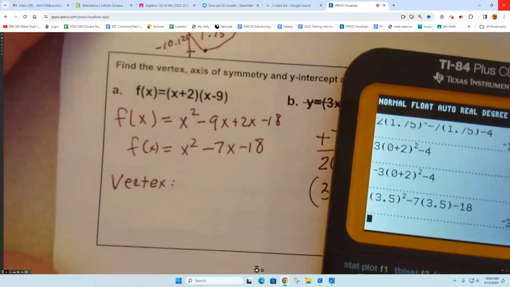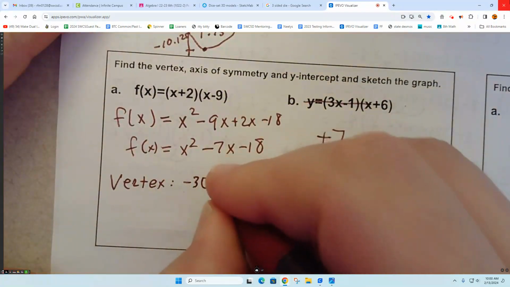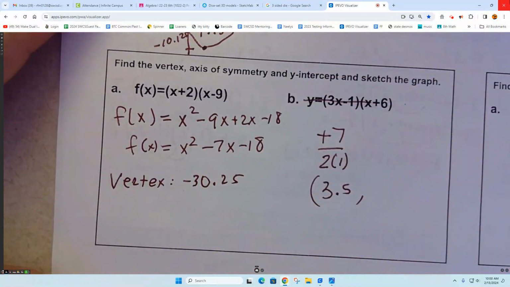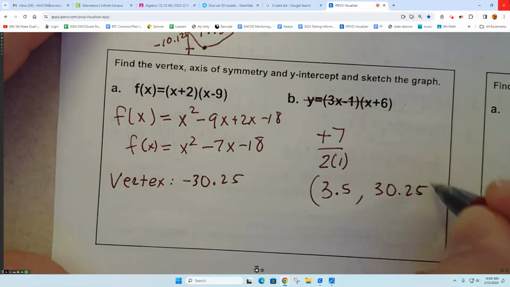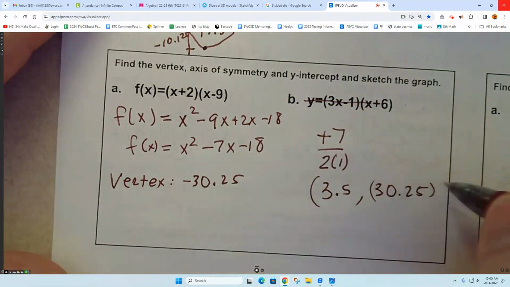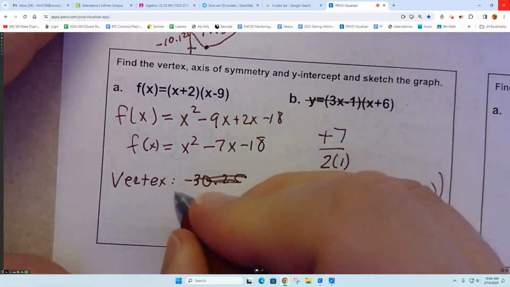We get negative 30.25. Oh, I totally put that in the wrong spot. So, oh my goodness. So there's my vertex. Rewrite it.